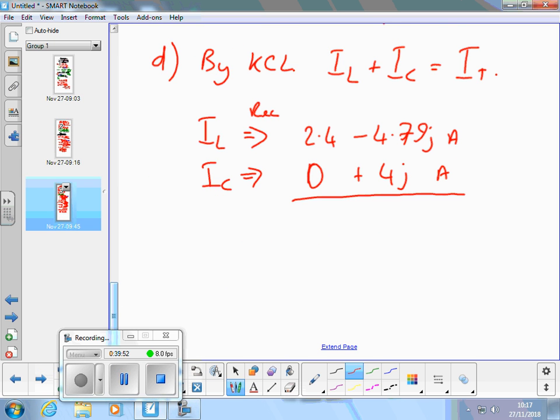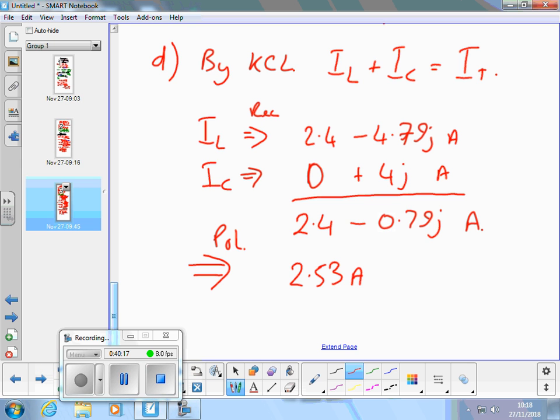Add those two together, you get 2.4 minus 0.79J amps. Converting that back to polar form, I got 2.53 amps angle minus 18.2 degrees, which is close enough to what we had in the first place to confirm, allowing for rounding errors, the total current.